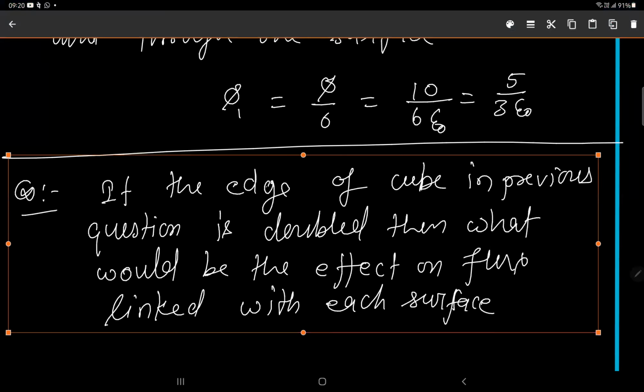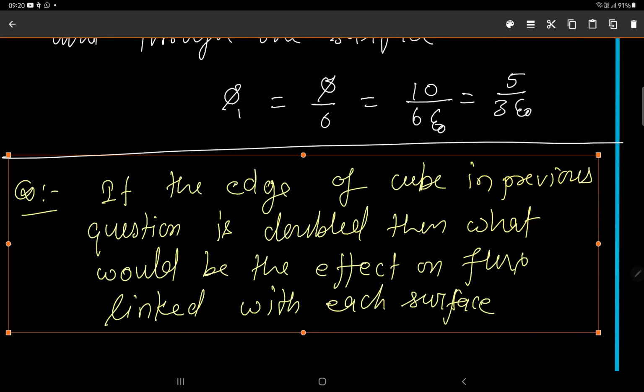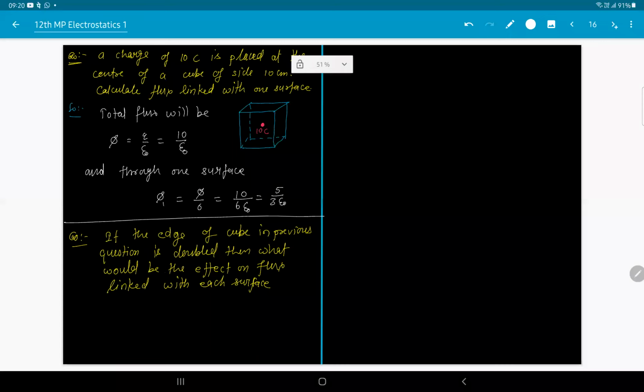Tell me, if I double the size of the cube, then what would be the change in the flux linked with each surface?